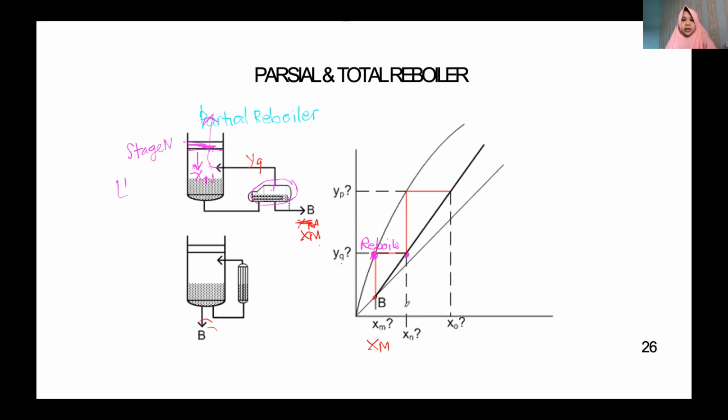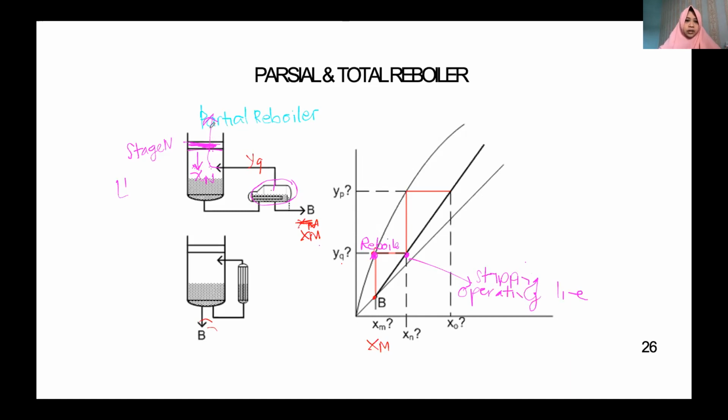If this is stage N, your XN is on the stripping operating line. Now, so this is the XN.